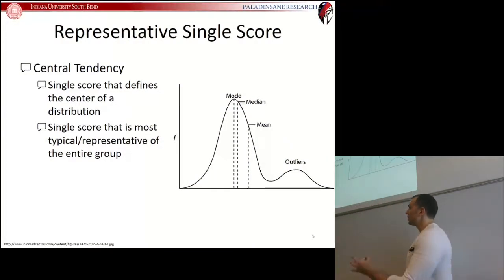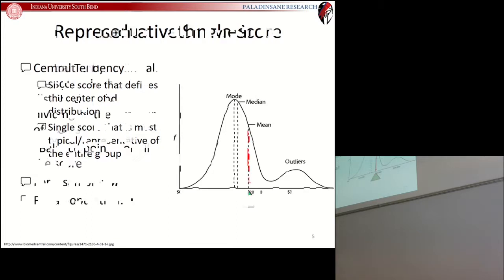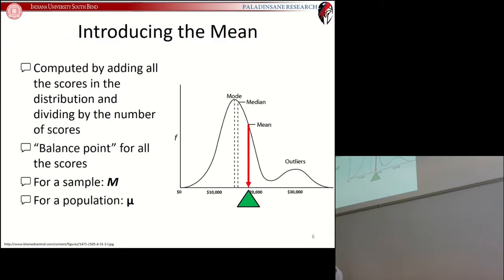That's the idea of a representative single score. We introduced three of the main measures of central tendency used in psychology. By far the most used was the mean, probably the one you encountered previously. It's also known as the average. For a sample, the mean has capital M as its term, for a population, the Greek letter mu.